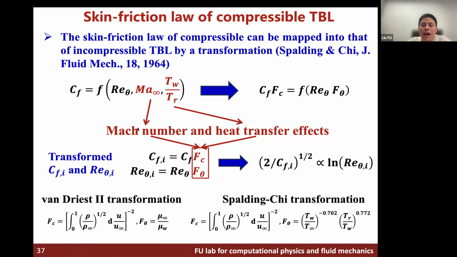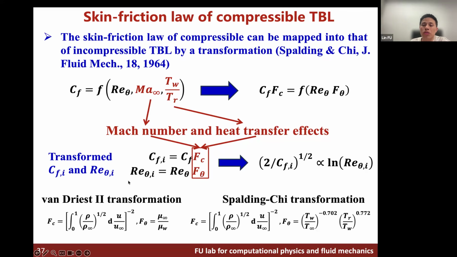If we can figure out expressions F_c and F_theta that can transform Cf and Re_theta to the incompressible counterpart, then we can unify all the skin friction scaling laws, similarly to the temperature and velocity scaling laws. As long as we have this F_c, where Cf and Re_theta are the compressible versions, and F_theta as transformation parameters, we can transform them back to the incompressible counterpart.